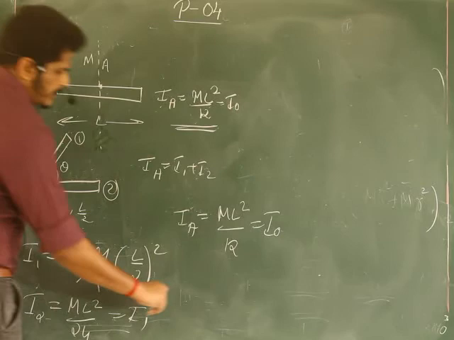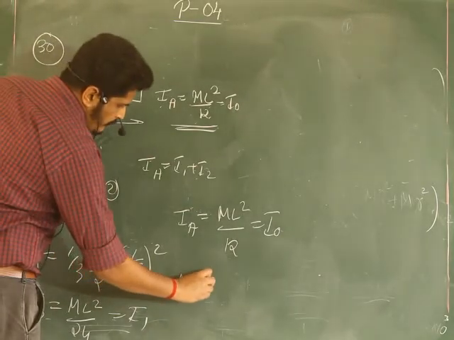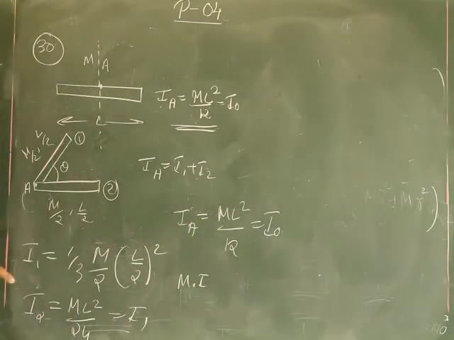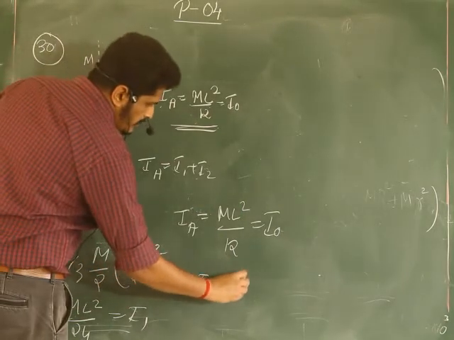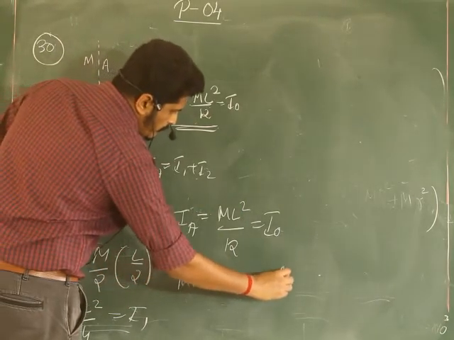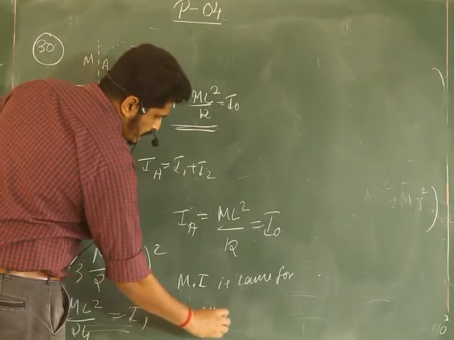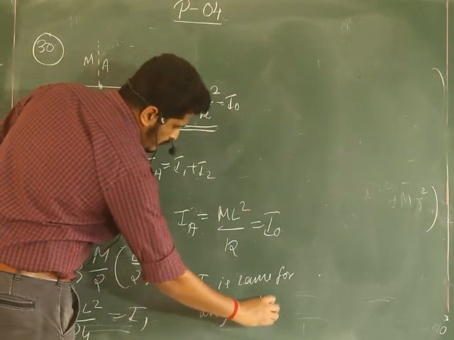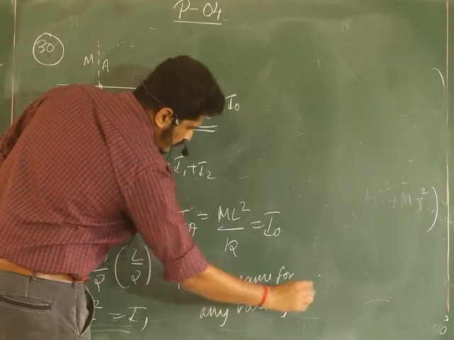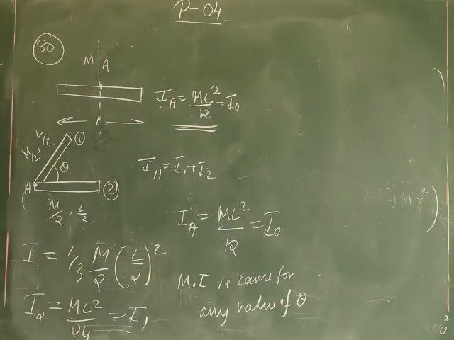What you have to understand from this is, you can write down, moment of inertia is same for any value of theta. Just make a note. Okay, so that is how we have solved.